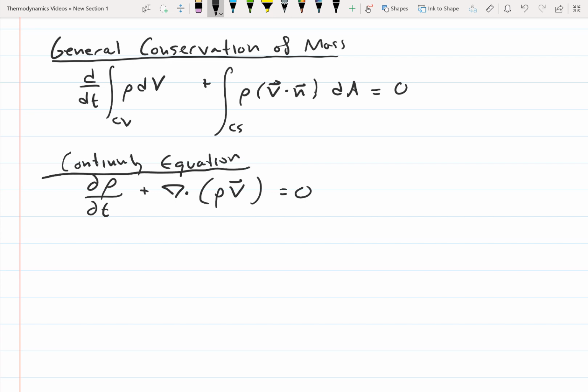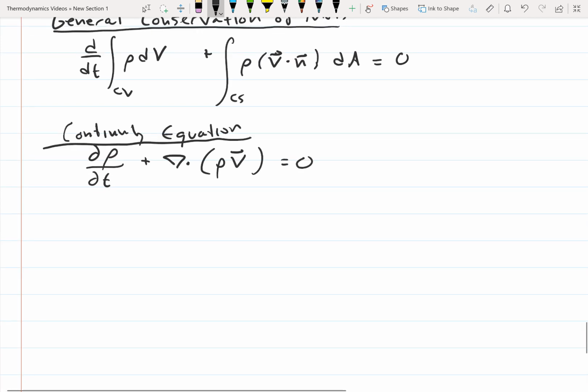So for this class and for practical problems where you're not going to be using a computer to solve your problems, you're going to need to make assumptions in order to solve these equations. The few assumptions we've already made are, first of all, for the case of steady flow.